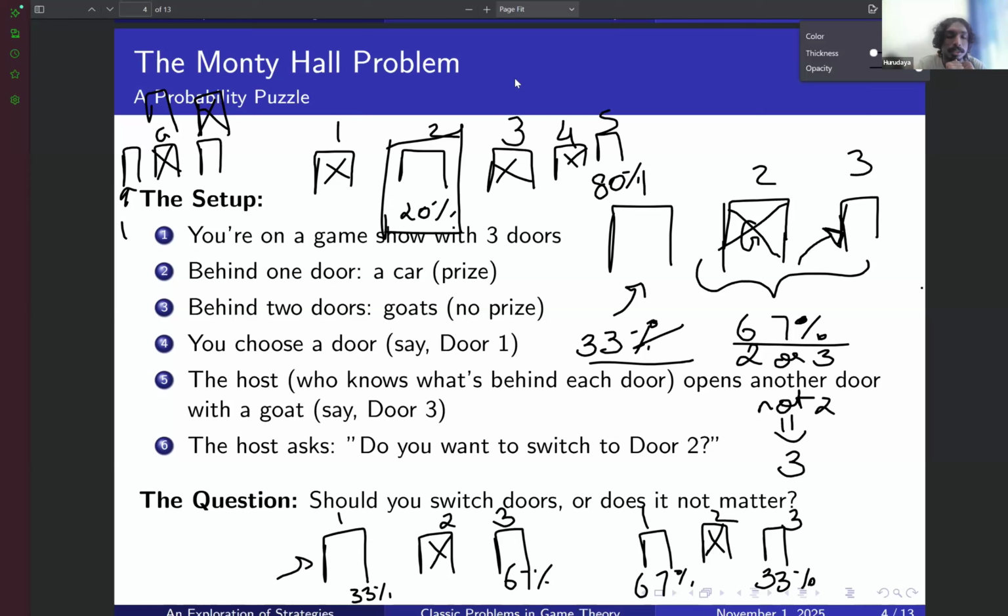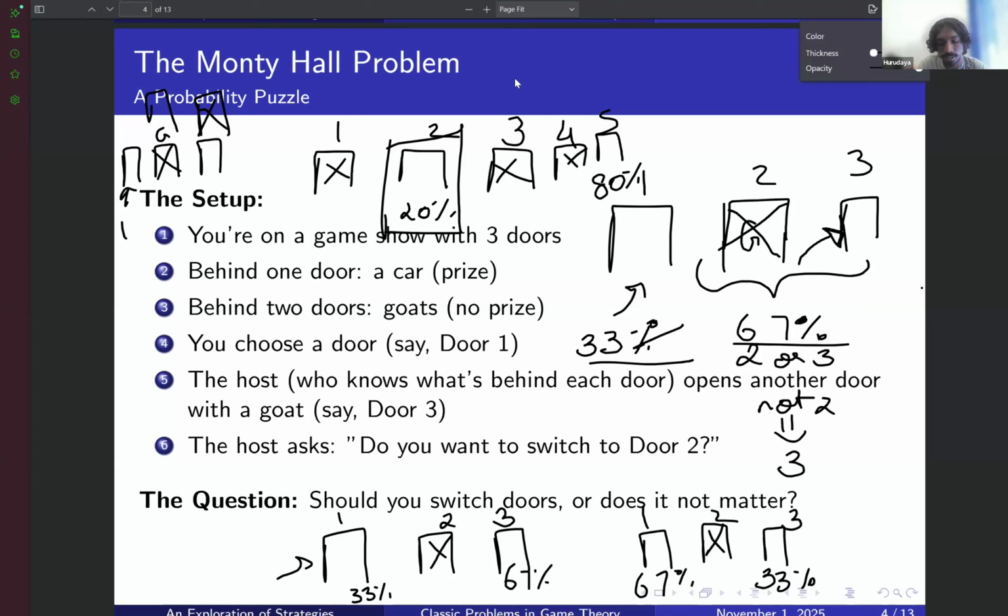Go ahead. What was your solution? No, the same solution that you proposed, but the only reason that it could even be not independent is because the door that you choose cannot be chosen by the host.